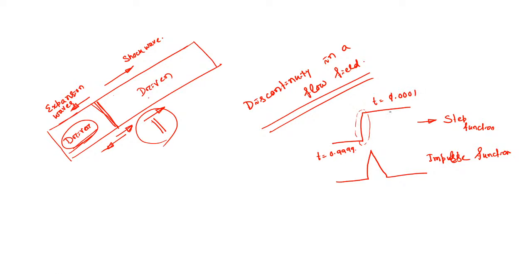The difference between these two times is very small, but there is an event that happens, that is a rise in some property value. So that we call a discontinuity.